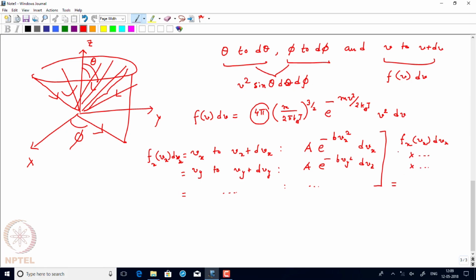Then all these individual distributions give you something like a cube, e to the power minus b, and all these exponential terms will add up, because exponential a into exponential b into exponential c is nothing but exponential a plus b plus c. That way vx square plus vy square plus vz square gives you v square, and then you are left with the volume element dvx, dvy, dvz.